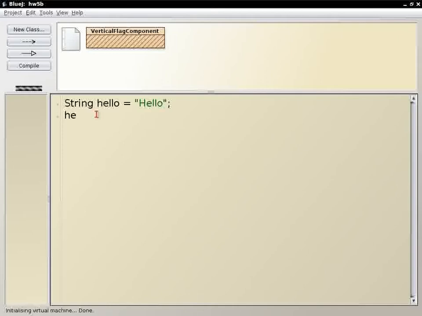So here I'm checking whether the string that I've stored into hello is the same as hello, and it'll say yes. Now I'll take a substring here, and let me put it into a variable.